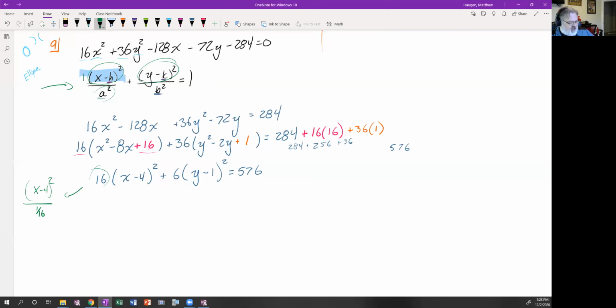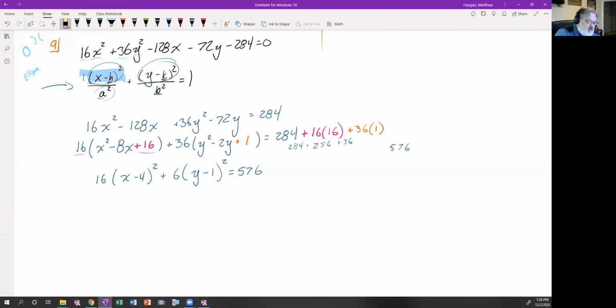Right, because dividing by 1/16 is the same thing as multiplying by 16. That would make a really small and kind of irritating radial length in the x, but we could do it if we wanted to. We're not going to yet, but we could.